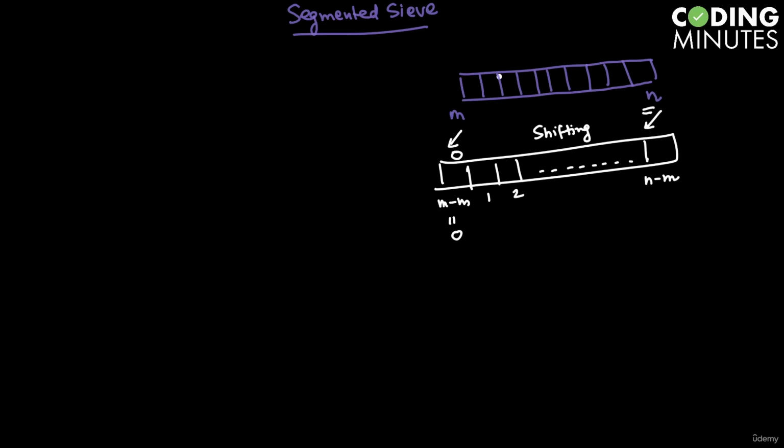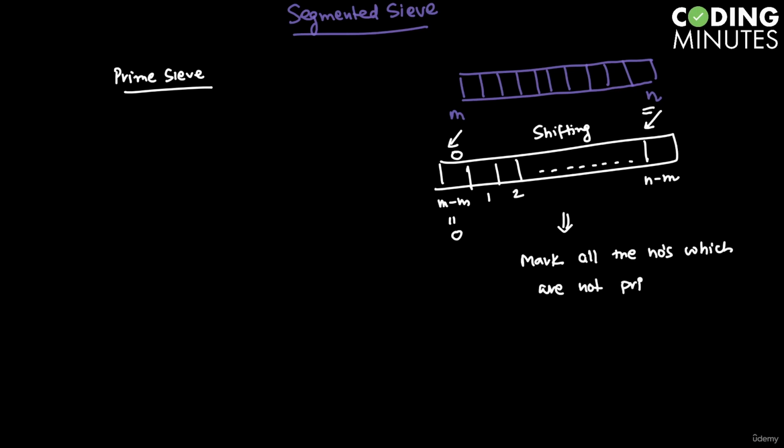Okay, this is one thing. And let's also talk about the regular prime sieve. We have numbers in this range and we want to mark all the numbers which are not prime.